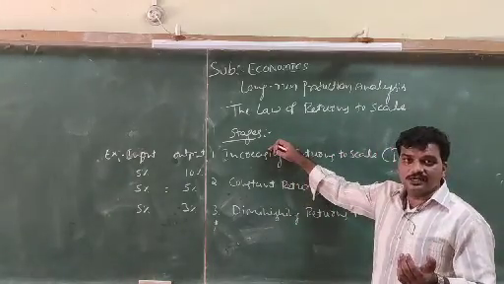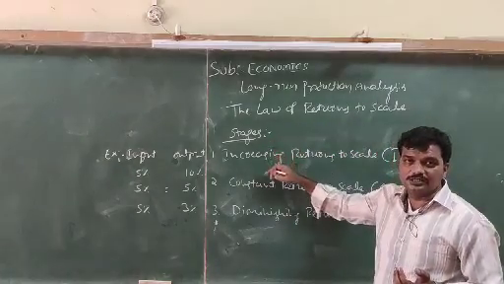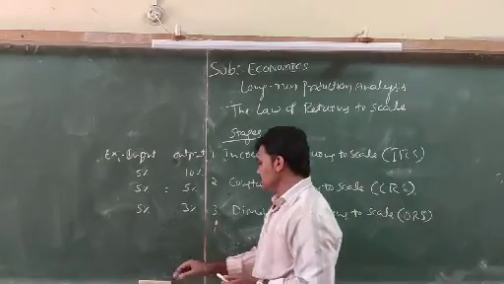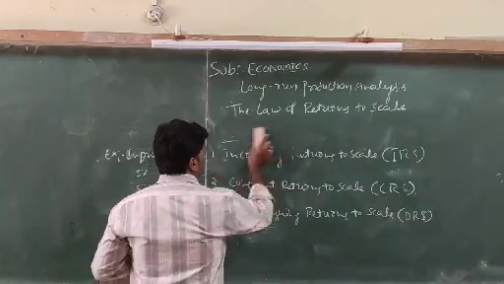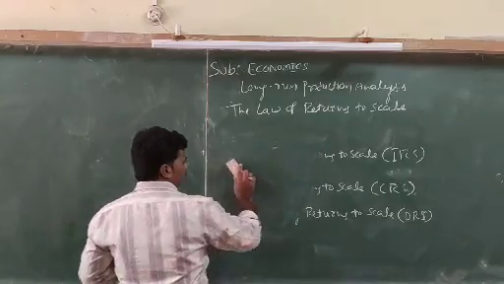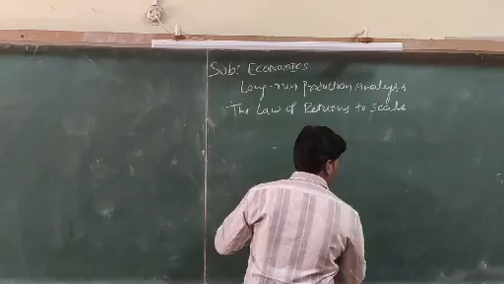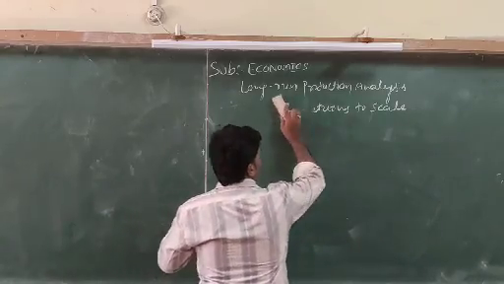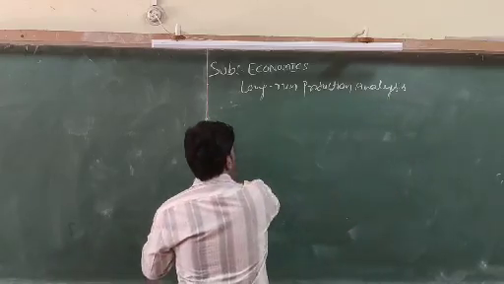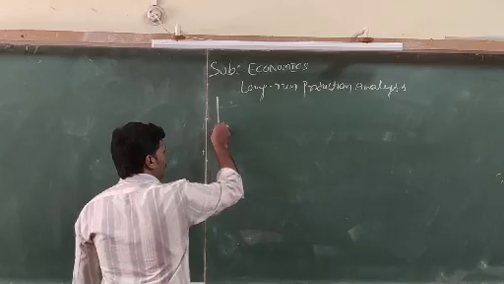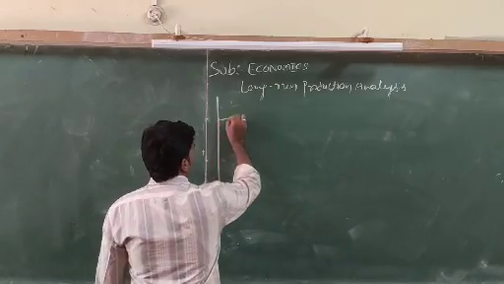Then we can study the three stages of returns to scale through a schedule. I will show you how to prepare the schedule. I told you that there are two factors of production.